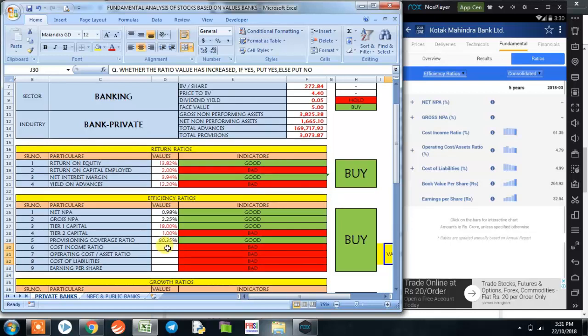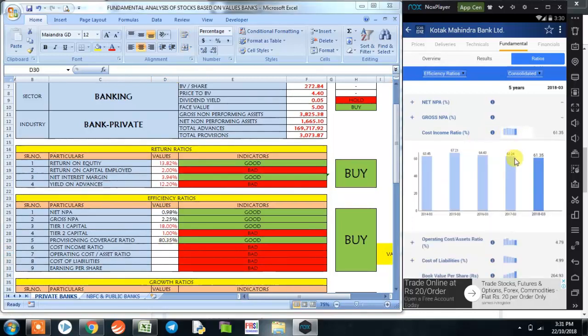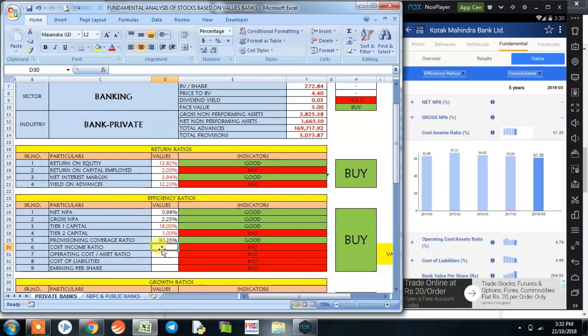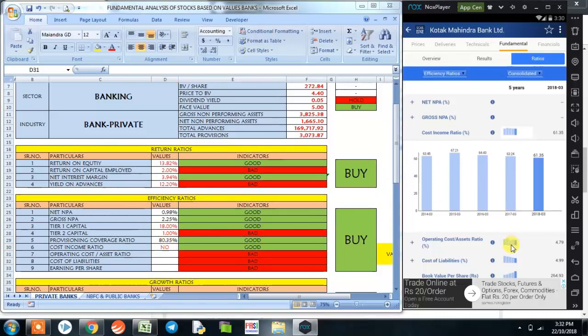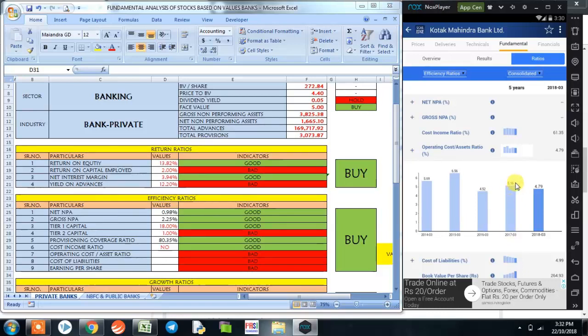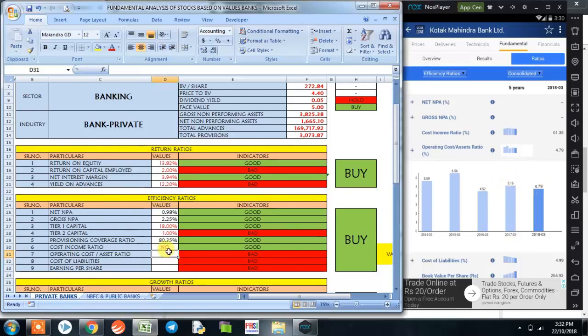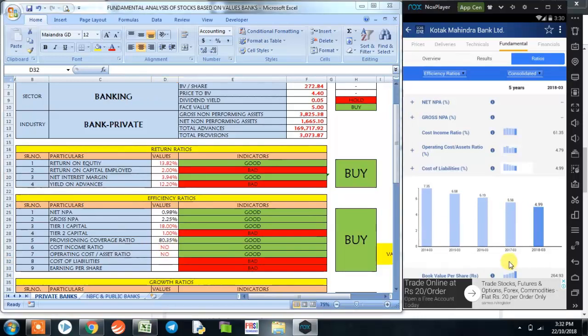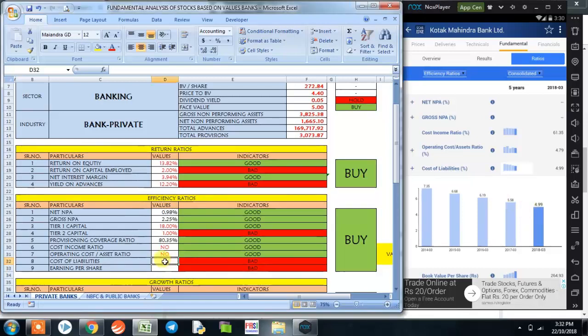Now coming to cost income ratio, we click on the bars, we see from 63.24 it has decreased to 61.35. So we'll put here no. Operating cost to asset ratio has decreased from 5.16 to 4.79. So again a no. Cost to liabilities has decreased from 5.58 to 4.99, and again no.